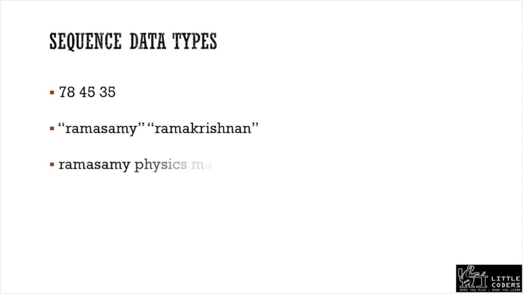Or if I want to write Ramasamy, first mark is physics, second mark is chemistry, third mark is maths, that also can be given. So this is one sequence. Similarly, if 100 students' data are there, you are going to follow the same sequence. So this is called a sequence data type.